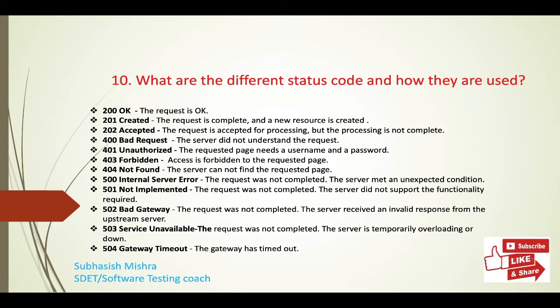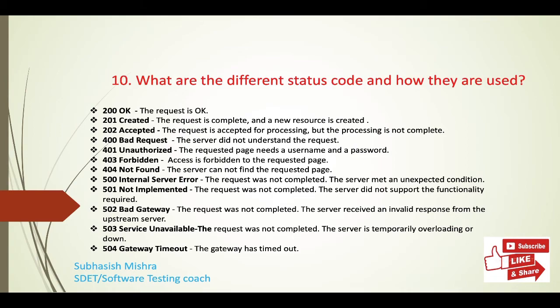Then 400 Bad Request, the server didn't understand the request, or if there is any validation. For example, we are talking about that mobile number. Whenever we give a mobile number whose length is less than 10 digits, there is a validation because that is not a proper mobile number.